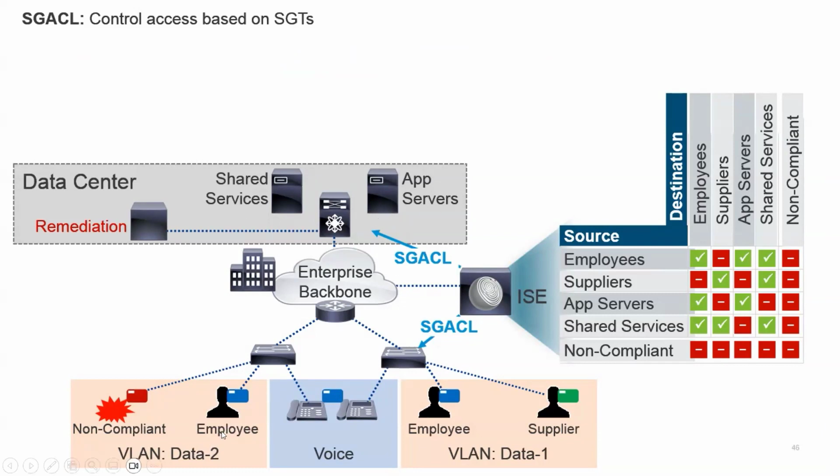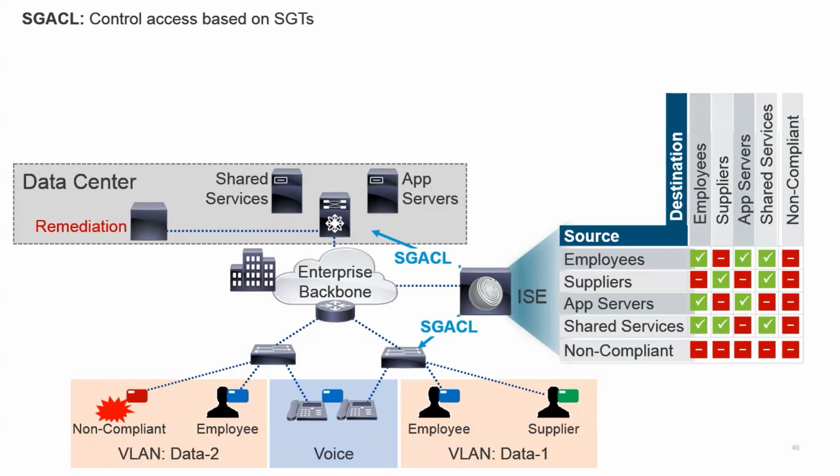So an employee can go and access voice. Simply, tags are there that will allow or disallow from this matrix: what's the source, what's the destination. Apart from this, instead of creating heavy ACLs within the switches and routers, who is the decision maker now? Your ISE, because these policies are dynamic policies.